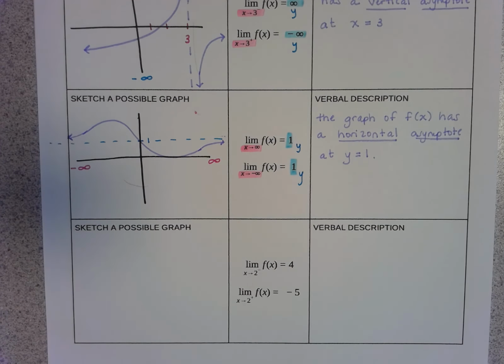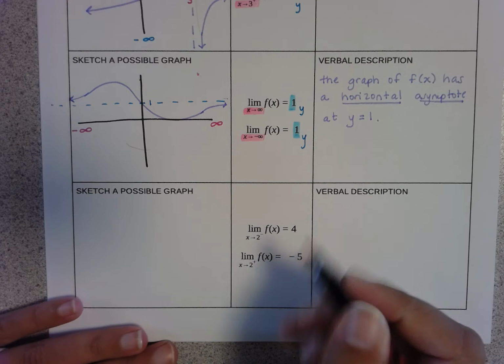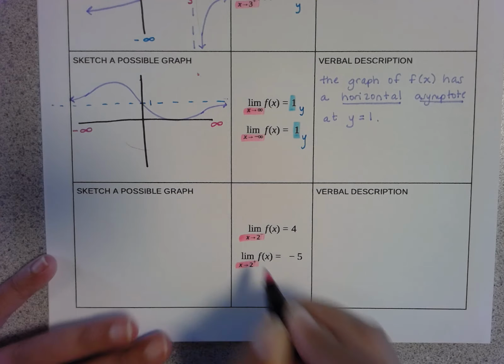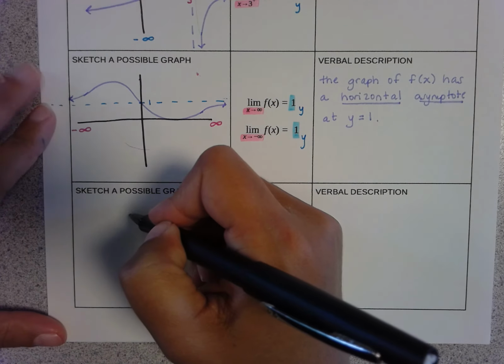Now, last but not least, let's apply the same strategy for the last example here. So again, it's good to start by identifying what the important x values are. The first important x value is 2, and the second important x value is also 2. So this is going to be a graph where I'm really focused on what's happening when x is near the number 2.